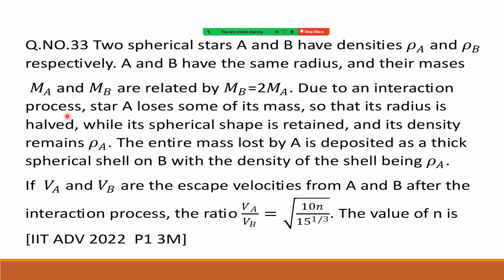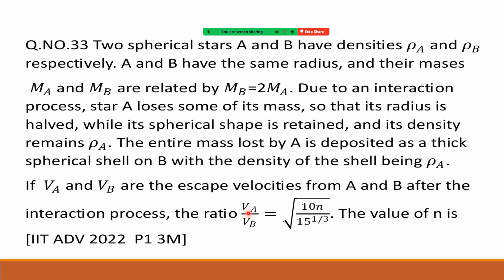Due to an interaction process, star A loses some of its mass so that its radius becomes half while its spherical shape is retained and its density remains rho A. The entire mass lost by A is deposited as a thick spherical shell on B with the density of the shell being rho A. If VA and VB are the escape velocities from A and B after the interaction process, the ratio VA by VB is given.